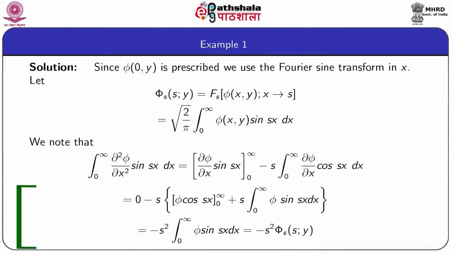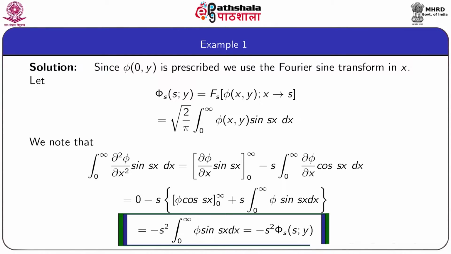This we have obtained by integrating by parts, so that we get the integral from 0 to infinity del 2 phi del x2 sine sx dx equal to minus s square integral 0 to infinity phi sine sx dx.